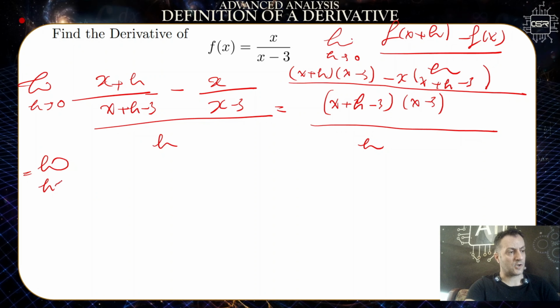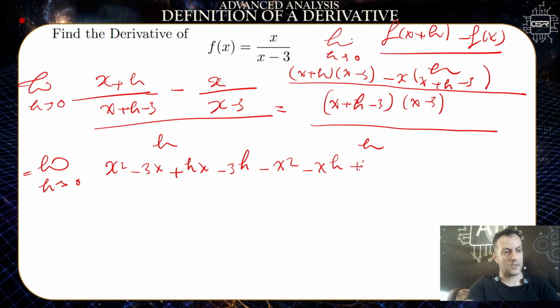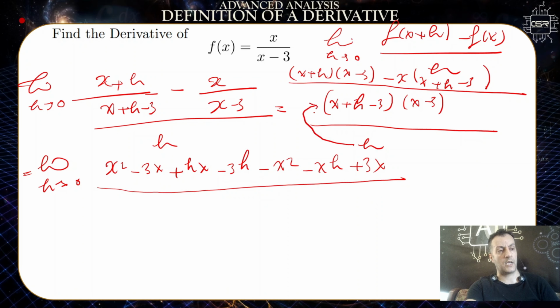equals the limit as h approaches 0. Okay, x plus h times x minus 3 is x squared minus 3x plus hx minus 3h, minus x squared minus xh plus 3x, divided by, okay, here h we can multiply it immediately in this denominator.